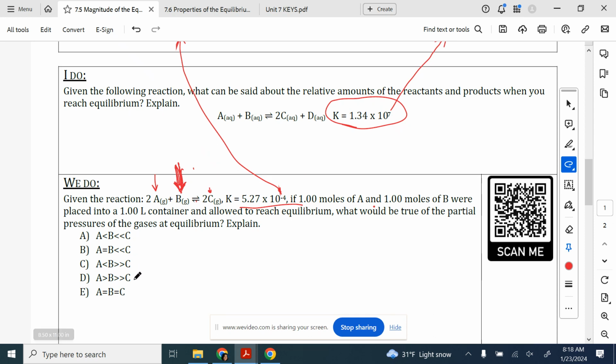So let's try to find a way here where we're going to have very little C. We're going to have more B than A and more B than C. So C would be our answer here.